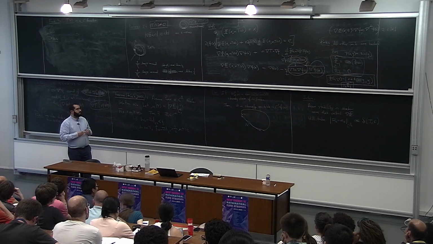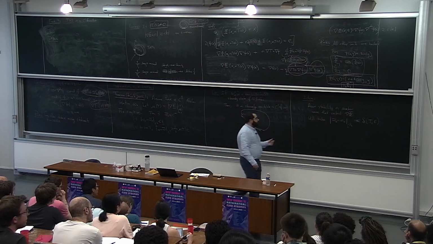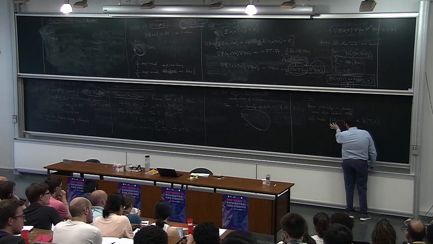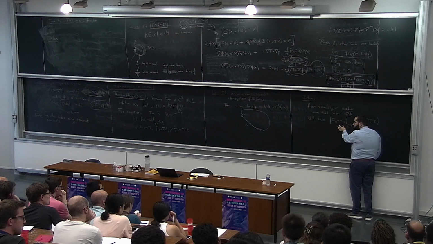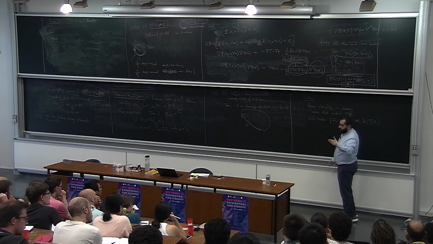Yeah, so if you have data that's this close, as close as you want, essentially, in C1 half, you could think they're even the same function, right? And then the trajectories will be exactly the same.